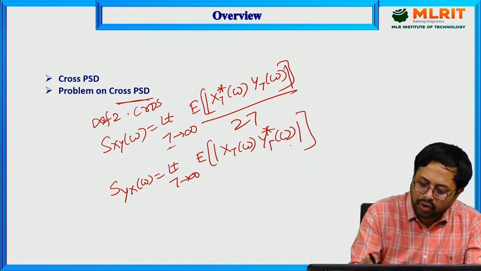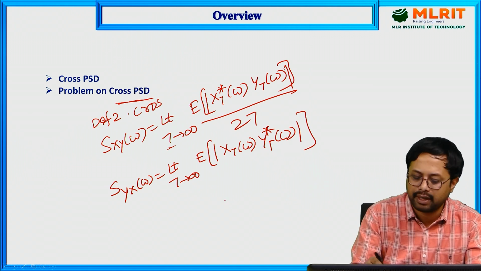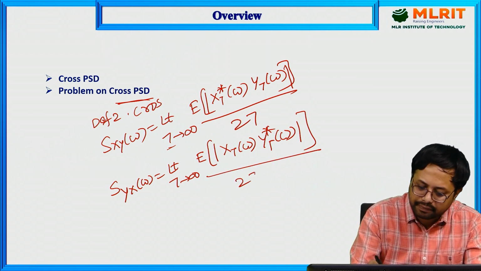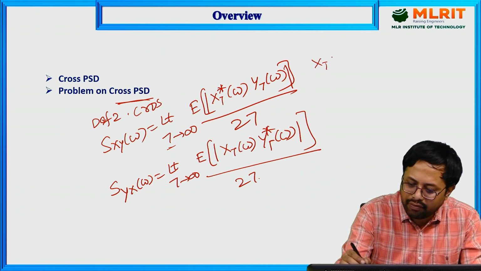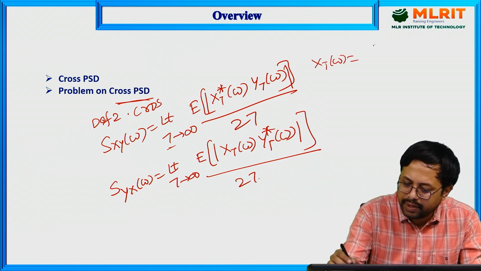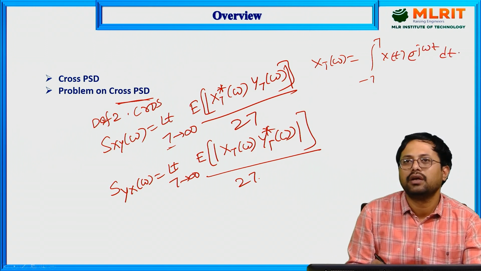This is a product, X_T of omega into Y_T conjugate of omega divided by 2T. Then what is X_T of omega? X_T of omega is equal to integral minus T to T x of t e power minus j omega t dt. Here is the definition.